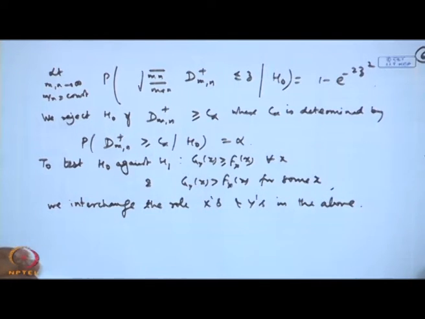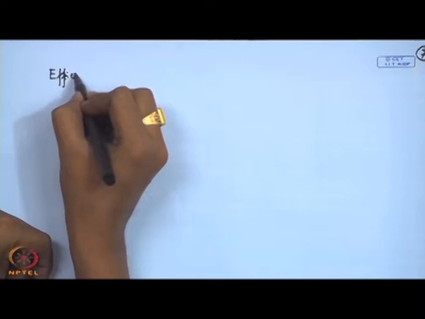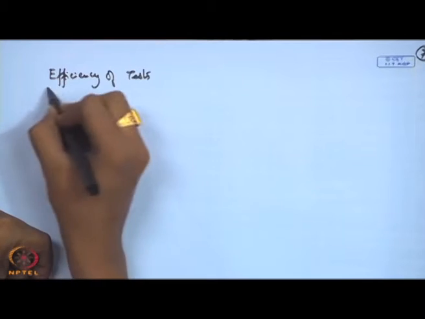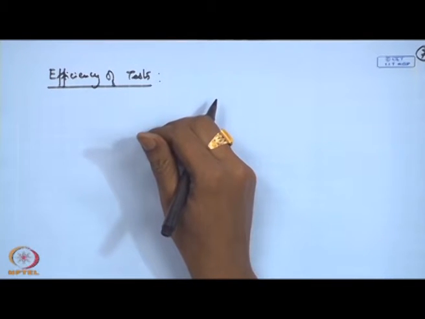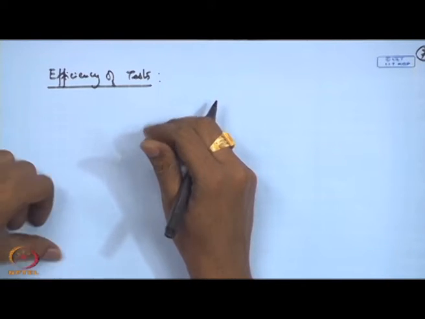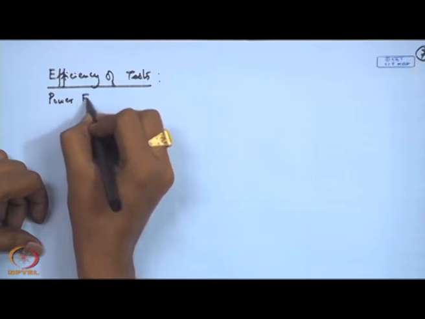Another concept is that of efficiency of the tests here. Like the consistency of tests, like consistency of estimators, we have an analog of the efficiency of the test. So first is the power efficiency.